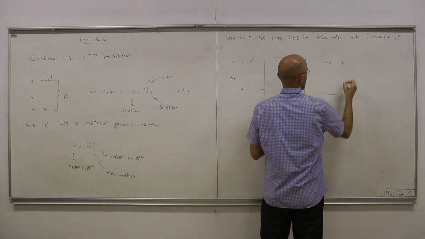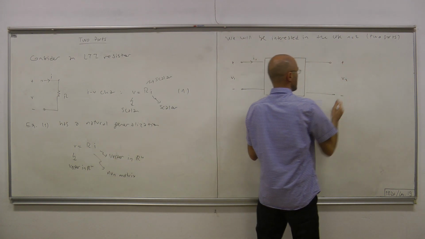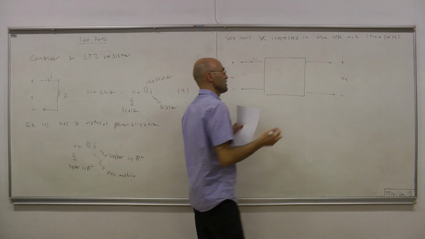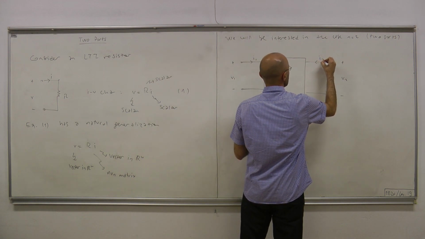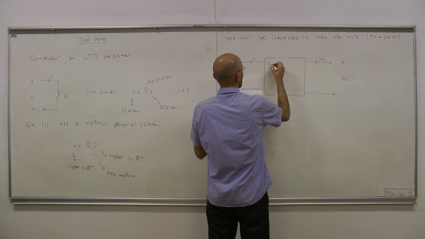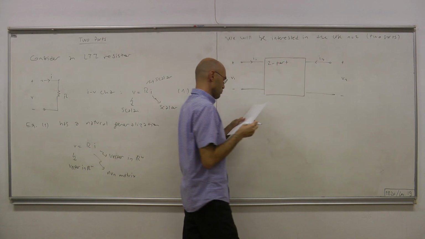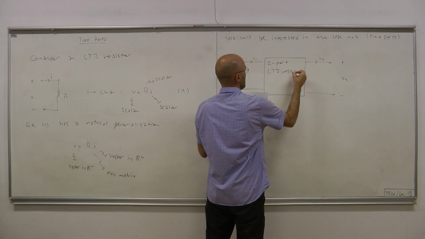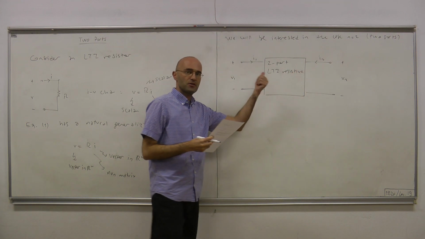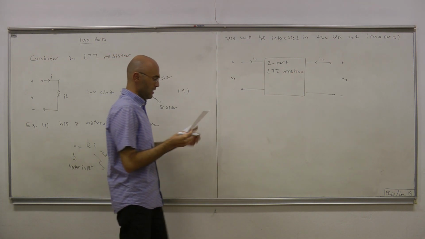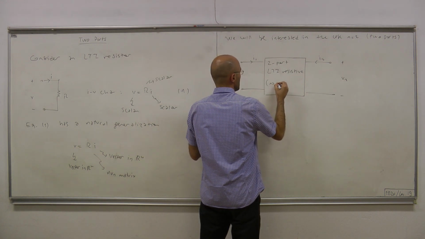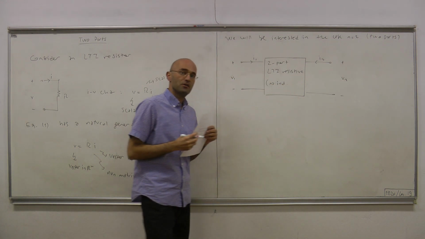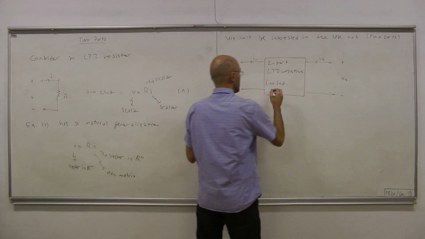For the second pair, we do the labeling plus minus V2, and this is I2. So this is called a 2-port circuit. It's LTI resistive. That's what we're going to be studying, and we will assume that there are no independent sources inside.